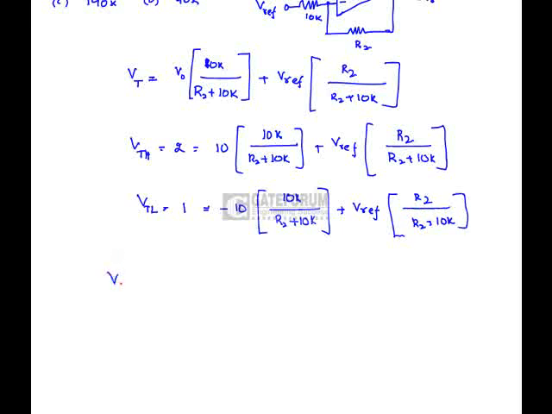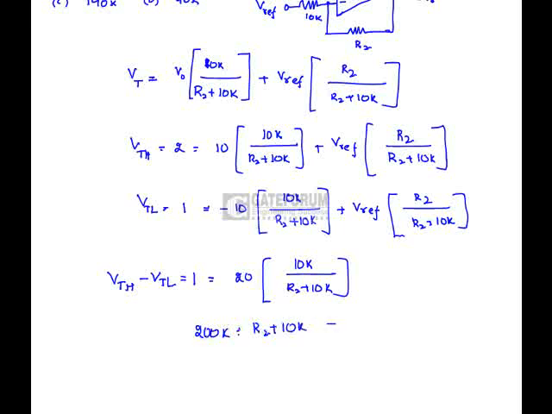If we subtract those two equations, Vth minus Vtl, which equals 1 volt, we get 200k divided by R2 plus 10k. The unknown V reference cancels out. From this equation, we get R2 as 190k. Hence, option C is correct.